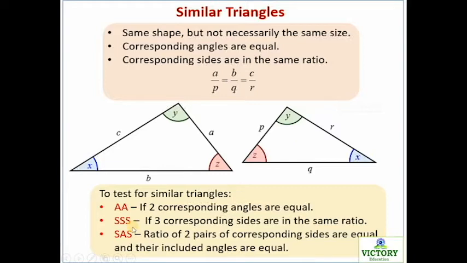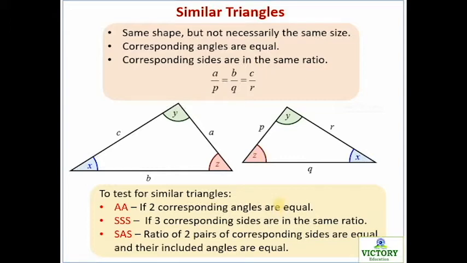The second is the SSS rule, which means the ratio of the sides of the two triangles is equal, for example 1:1:1 or 1:2:3, whatever the ratio is. If all three sides of the triangles have the same ratio between the two triangles, then you can call them similar triangles. Last but not least is the SAS rule.